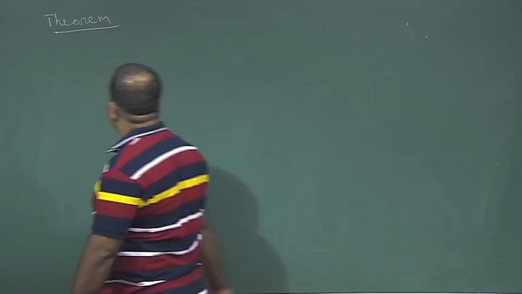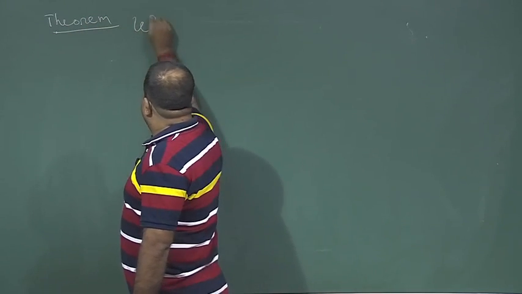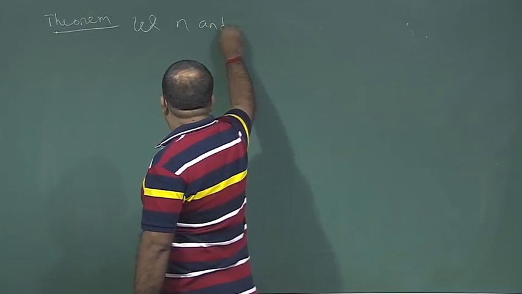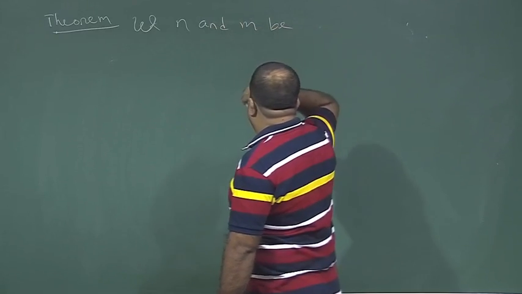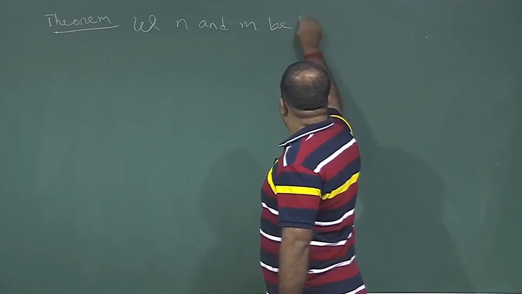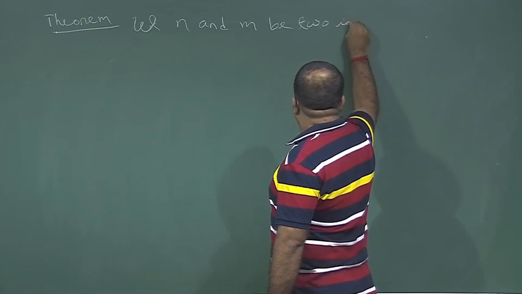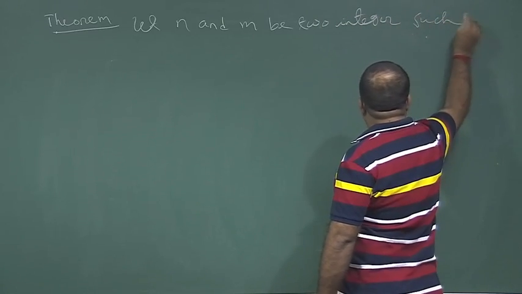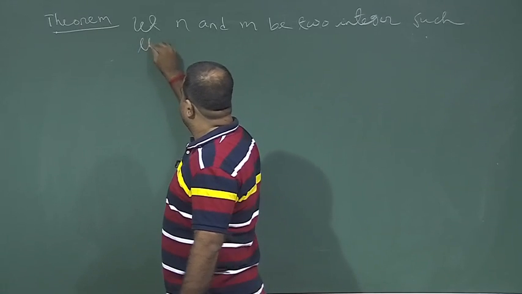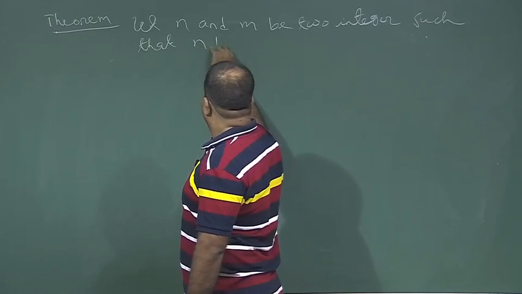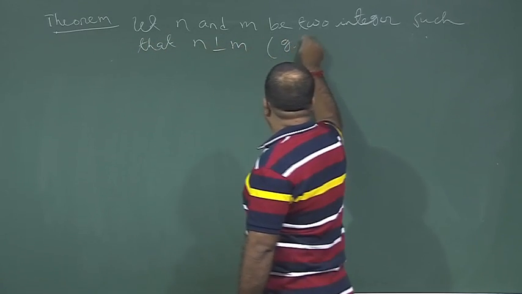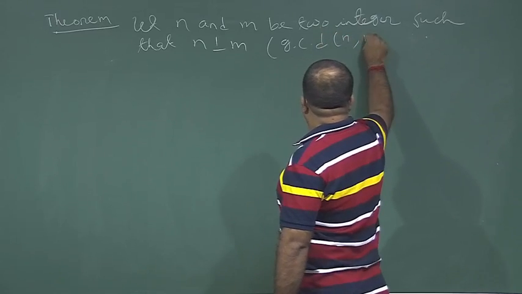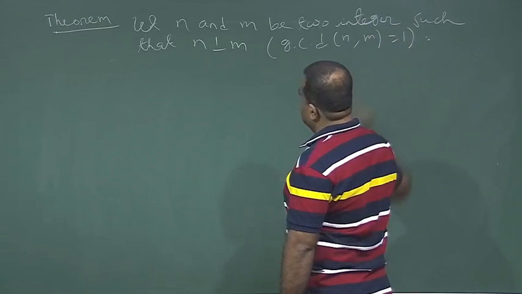It says let n and m be two integers such that they are relatively prime, that means the GCD of n and m is 1.